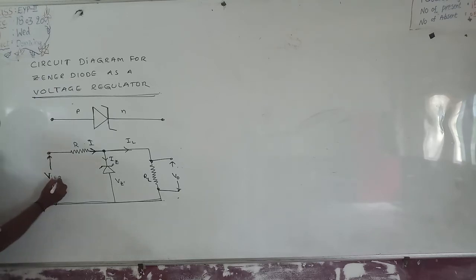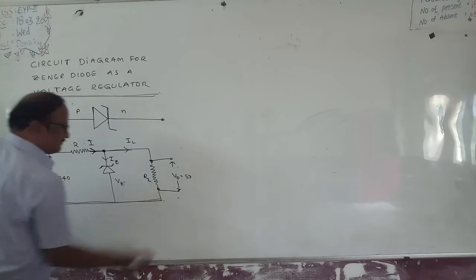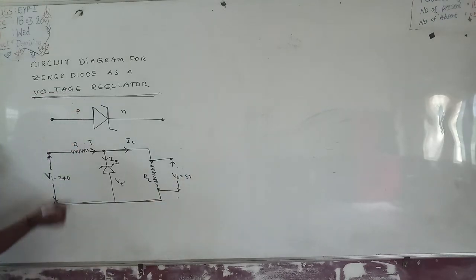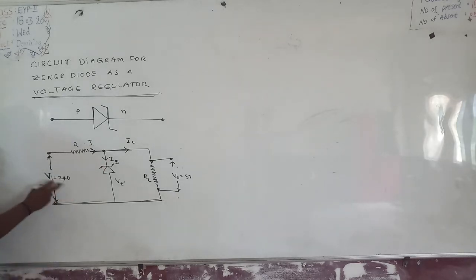Let the input be equal to 240 V, and the output is equal to 50. Now, what is the excess voltage in the input region? 240 minus 50, which means 190 volts. This 190 volts should be dropped across the series resistance.